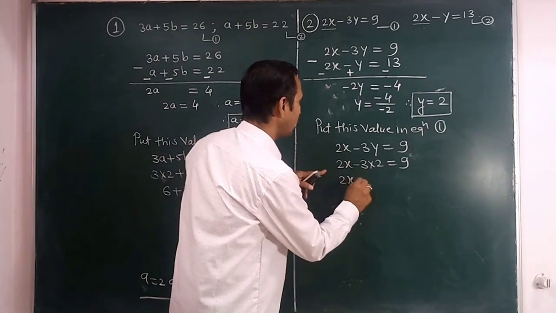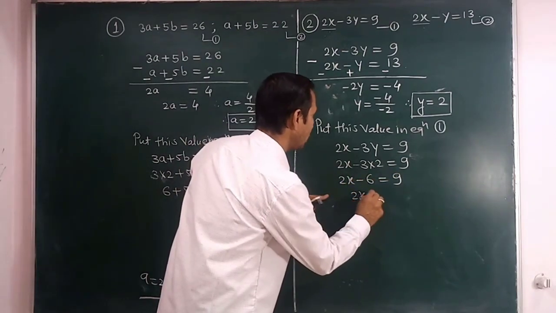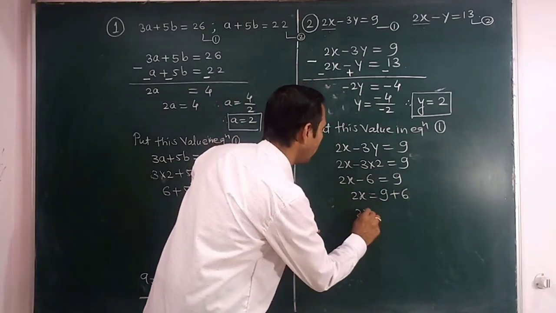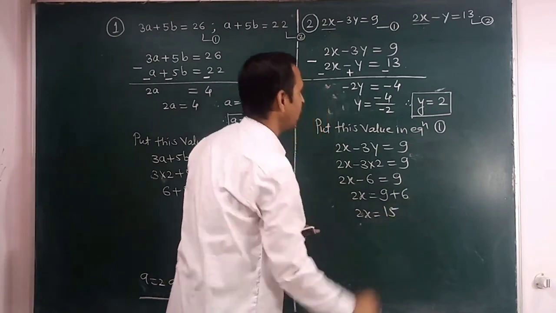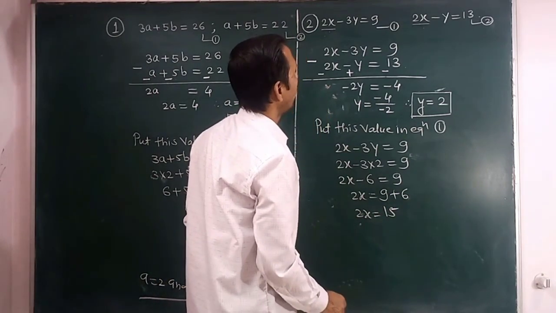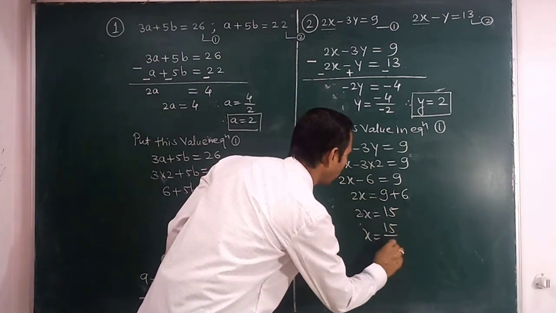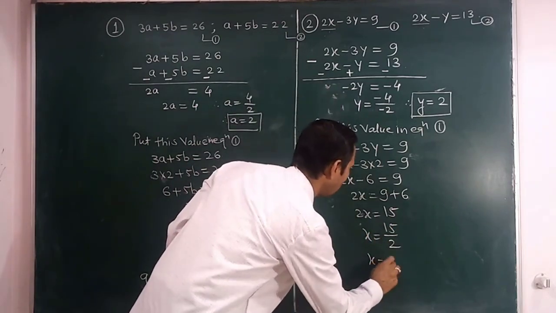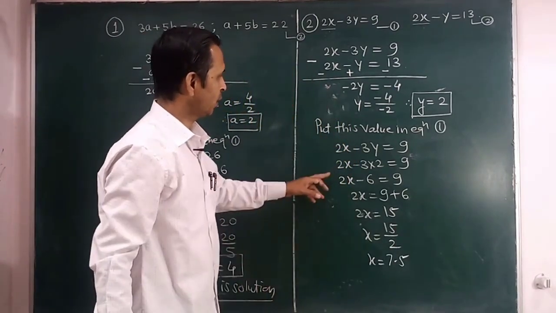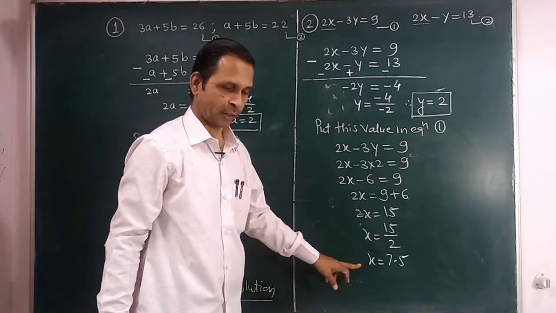Here is 2x - 6 = 9, and hence 2x = 9 + 6, and hence 2x = 15, and hence x = 15/2, that is x = 7.5. Yes. Now this is the solution of this equation.